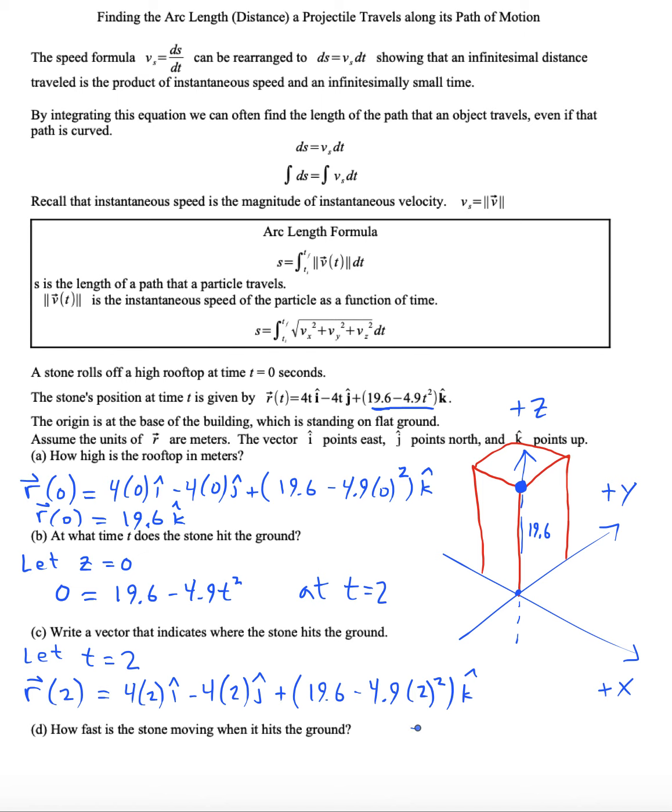Okay, I get 8i minus 8j, and plus, of course, 0k. So somewhere out here.